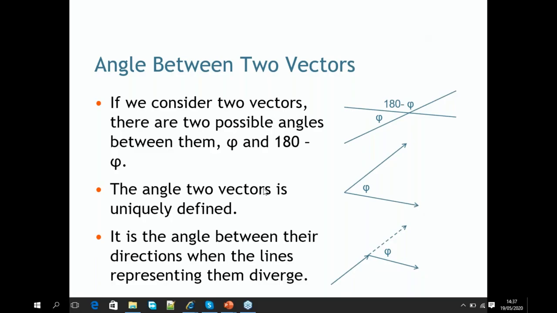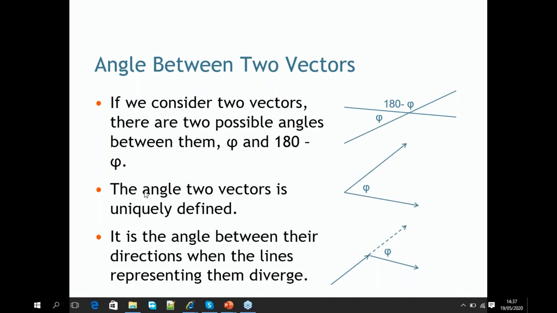Everyone. Now we're talking about the angle between two vectors, before the network issue. So if we consider two vectors, now see here we have two vectors. There are two possible angles between them, phi and 180 minus phi.